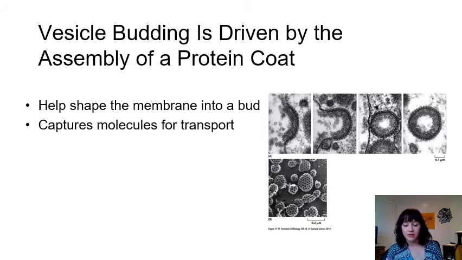And so you can see now the fully formed vesicle with the protein coat on the outside and a specific cargo inside of that vesicle. And then we also have a picture that shows just kind of from the outside what these vesicles look like. And you can see all these little bumps on them that are the proteins that are on that protein coat on the outside of the vesicle.